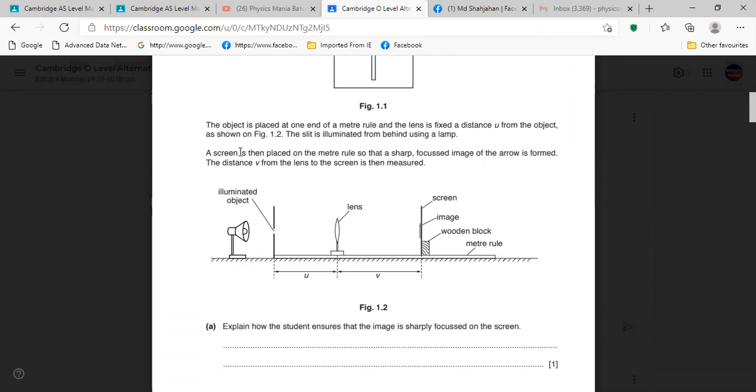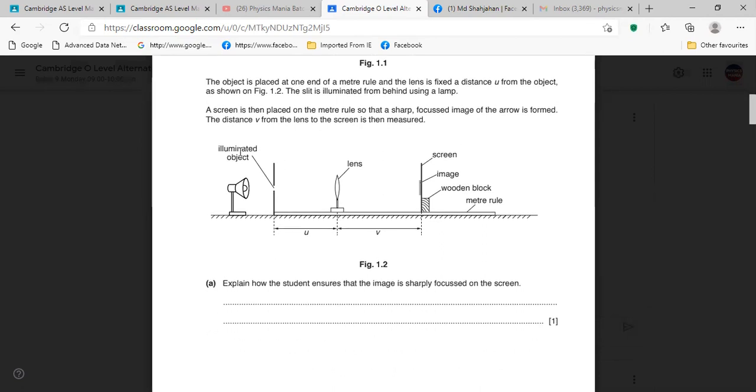The slit is illuminated from behind using a lamp. The screen is then placed on the meter rule so that a sharp focused image of the arrow is formed. The distance v from the lens to the screen is then measured. Explain how the student ensures that the image is sharply focused on the screen.